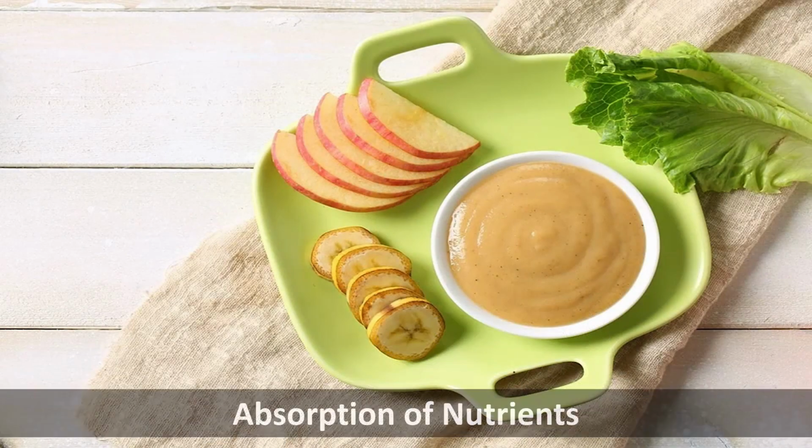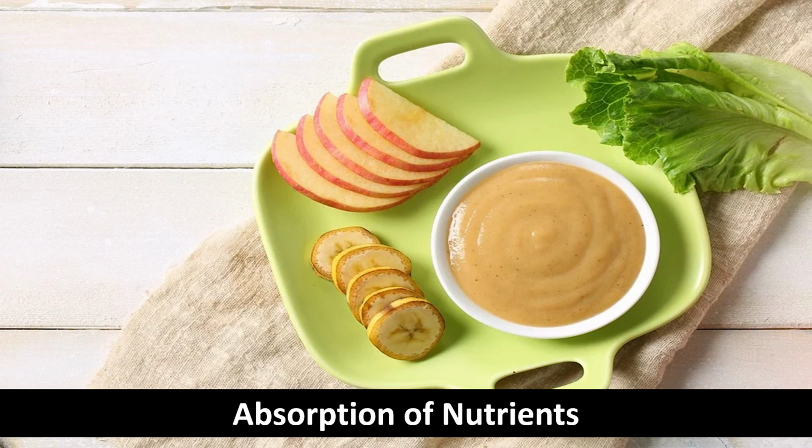We have digested the food. These simple units are then absorbed in the intestine from the intestinal wall and enter the bloodstream, and the absorption process is complete. Let us look at the absorption of each of these nutrients.